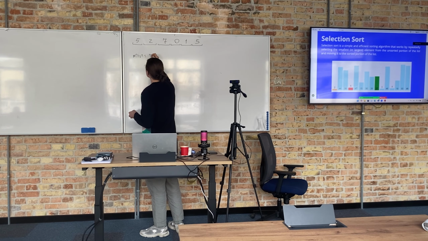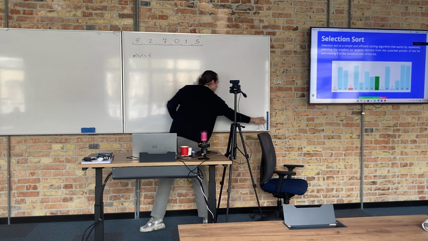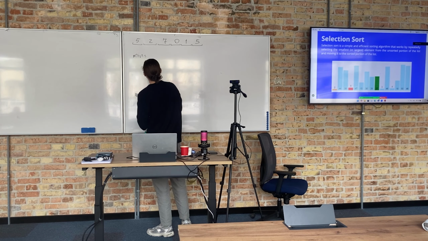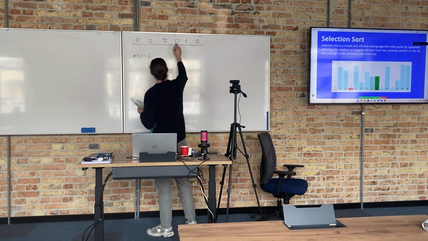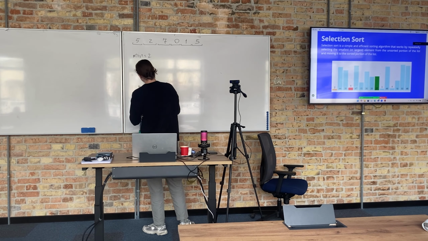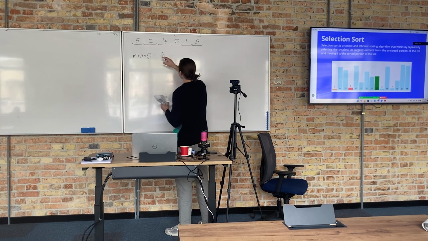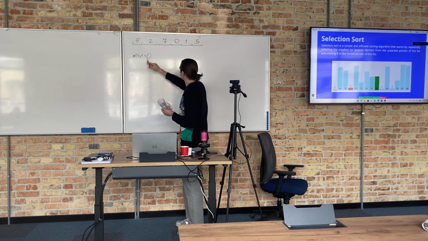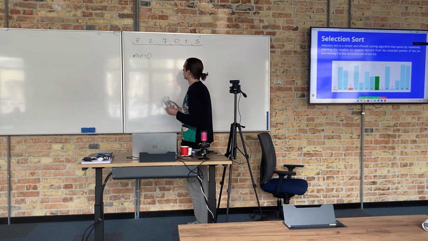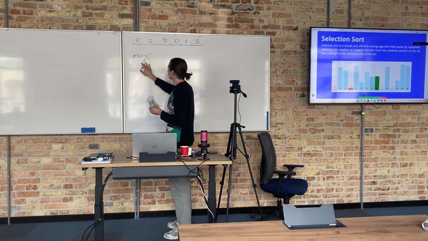So 5, right now it's 5, then 2, then our min became 2, 7 no, 0, then it will be 0, 1 bigger than 0, so no, 5 bigger than 0, so we don't change it.